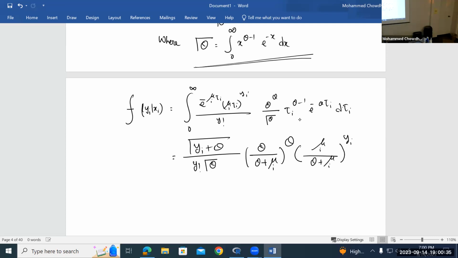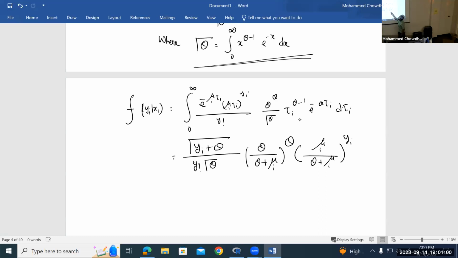I have uploaded a document with the handwritten derivation. If you look, I avoided 3 lines. If I apply the gamma function, it will come out that way. Take a look at that.